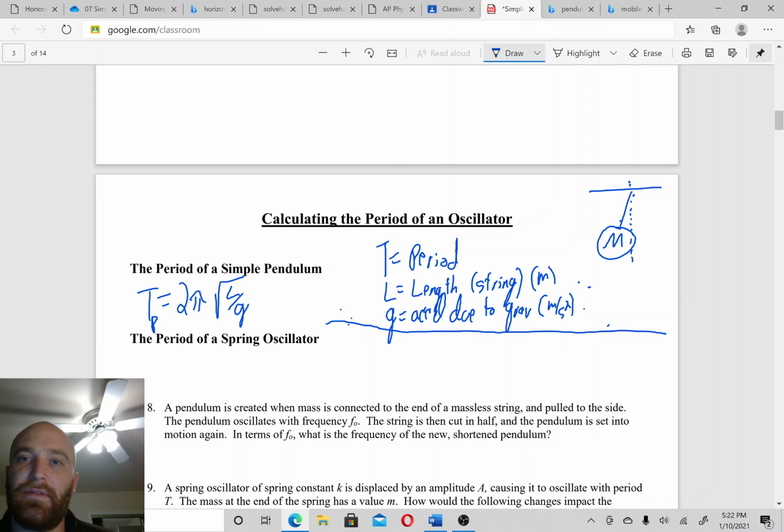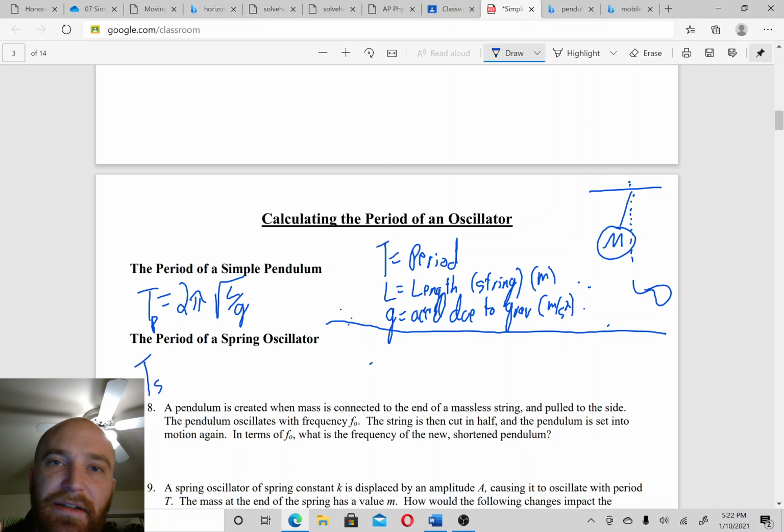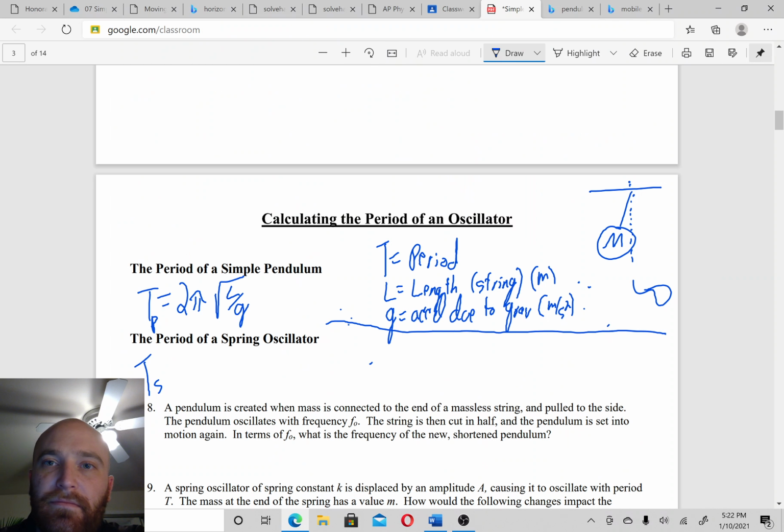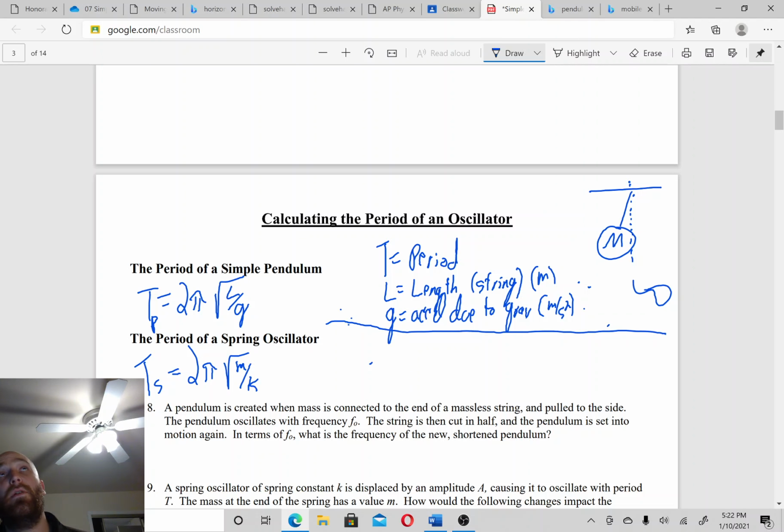There we go. For a spring, T spring, and again, you do have these right in your reference tables. 2 times pi times the square root of m over k. And it's worth pointing out that where the mass did not affect the period of a pendulum, it does affect the period of one of these spring oscillators.